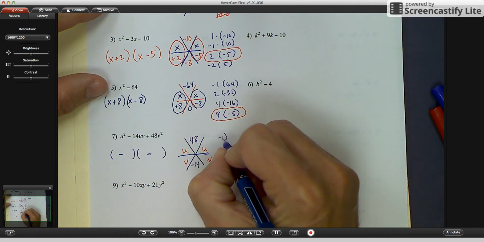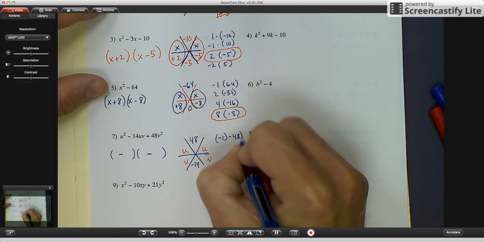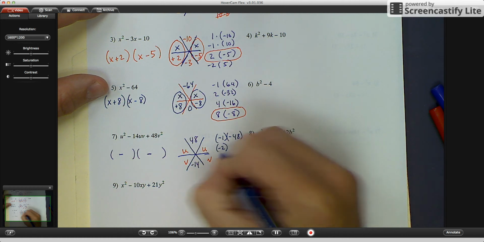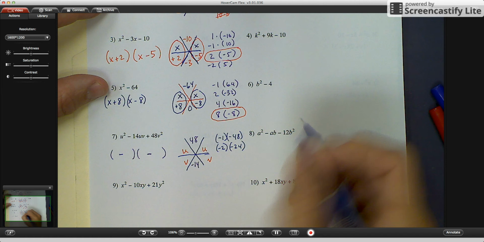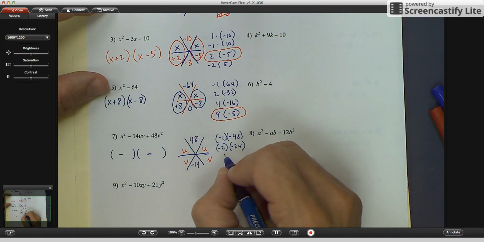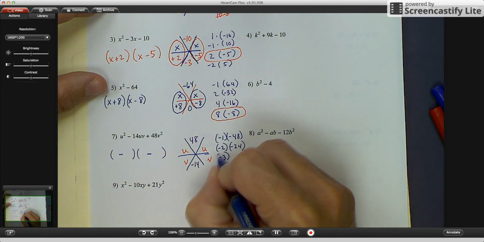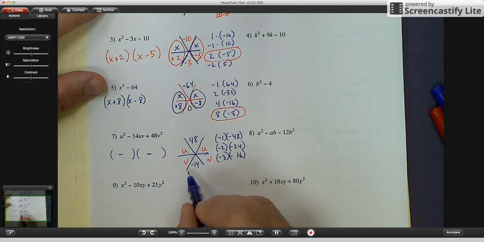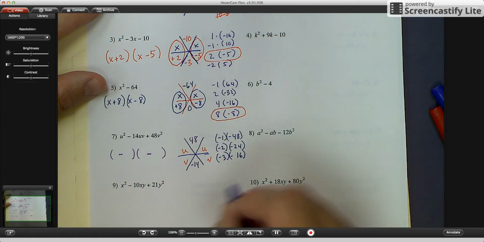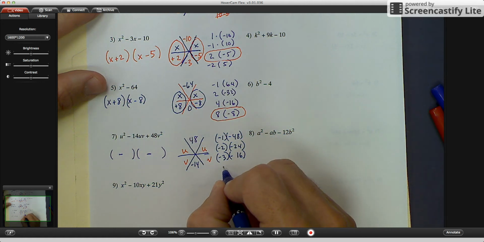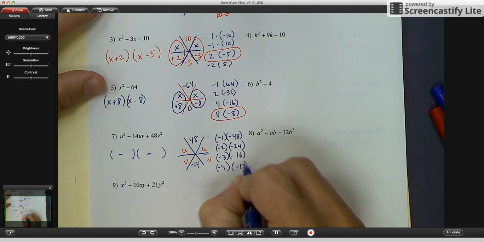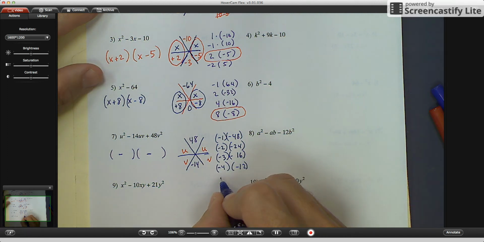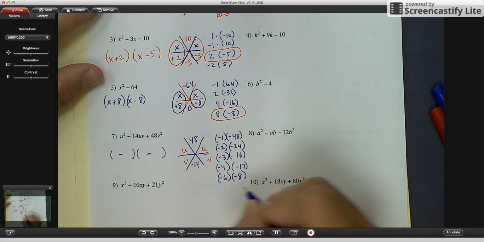So -1 times a -48, -2 times a -24, -3 times a -16. And again, when we add them together, we want to equal a -14. None of these do it so far. -4 times a -12. And then a -6 times a -8.